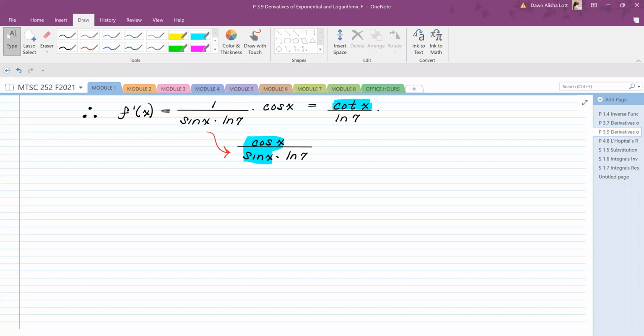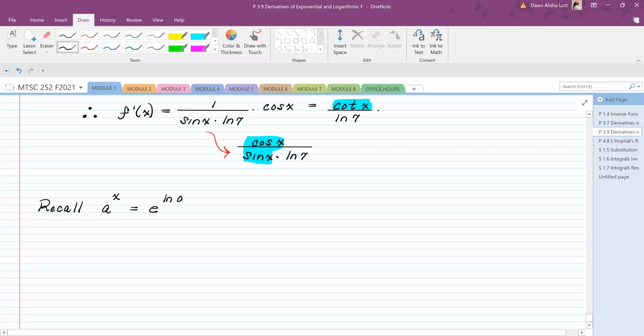Last formula. Recall I can write a to the x as e to the natural log of a to the x. So that is e to the x times the natural log of a.